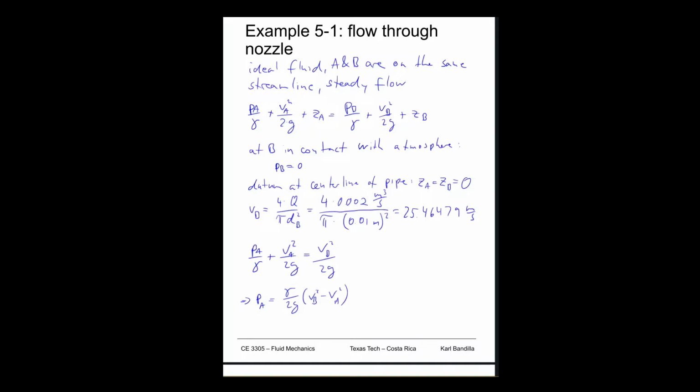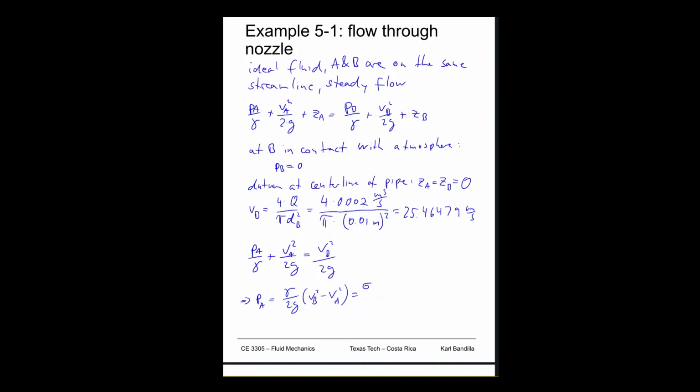Now, what do we get for this? Of course, we can simplify with the G and the gamma here, because our gamma is just rho times G over 2G, VB squared minus VA squared. Why did I write a sigma?